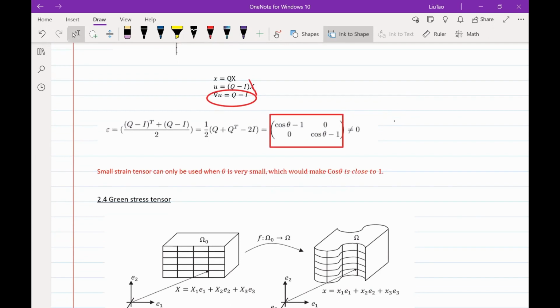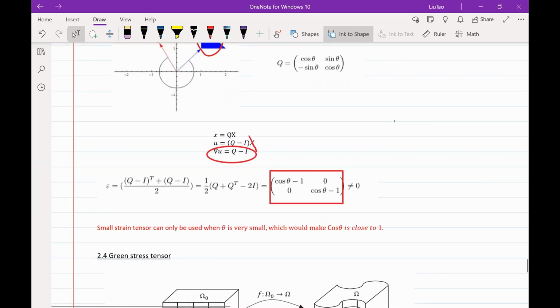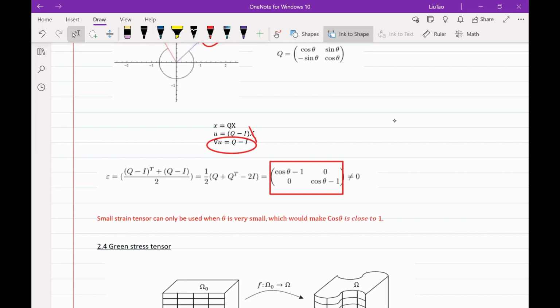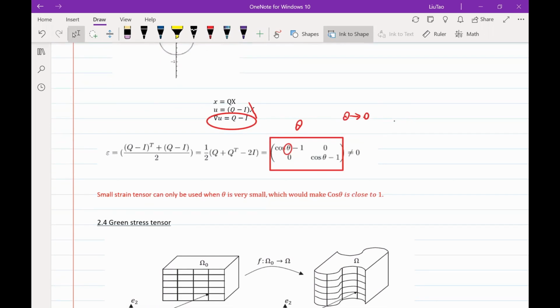So that's why we can't use the small strain theory for pure rotation, especially when this angle is very large. So when theta is close to 0, cosine theta is equal to 1, so this is acceptable.